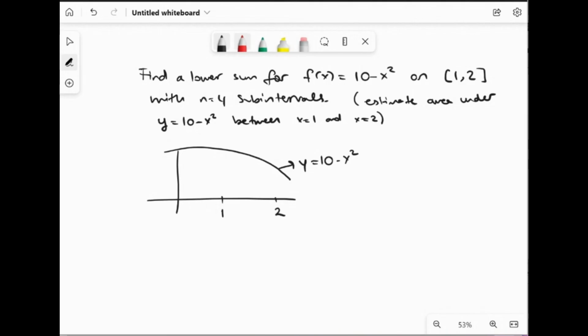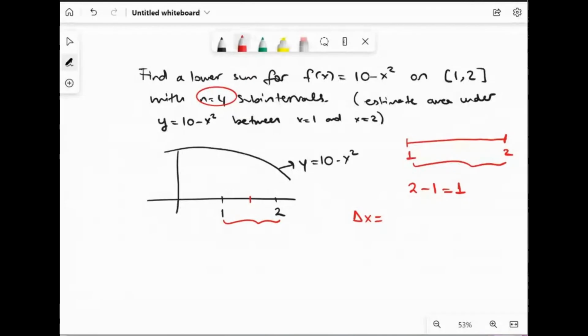We would like to make 4 subintervals. The interval we are looking at changes from 1 to 2, so the total width will be 2 minus 1, which is 1. This is the total distance on our interval, and we would like to divide it into 4 subintervals.